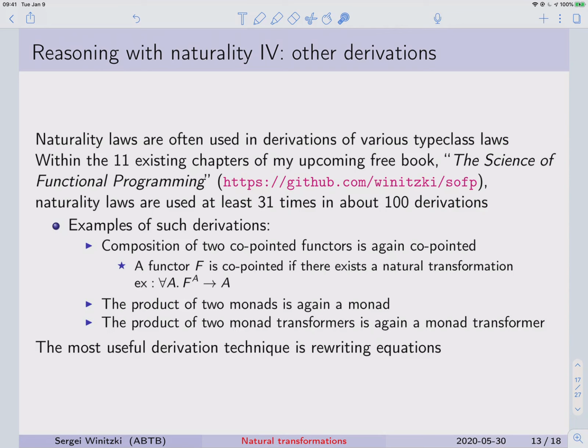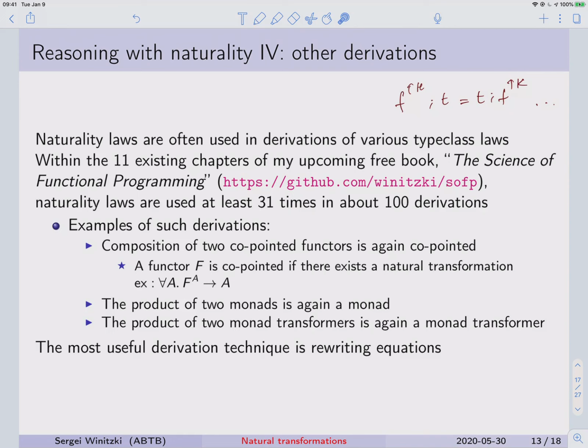And naturality laws are used in at least about 1/3 of these derivations. So it's a very often used technique where you just learn to recognize you have f lifted to some h and then some function, and then you say, oh, that function is a natural transformation, so this is t and then f lifted to some other thing, and then you continue your derivation. So this kind of thing is very often used.